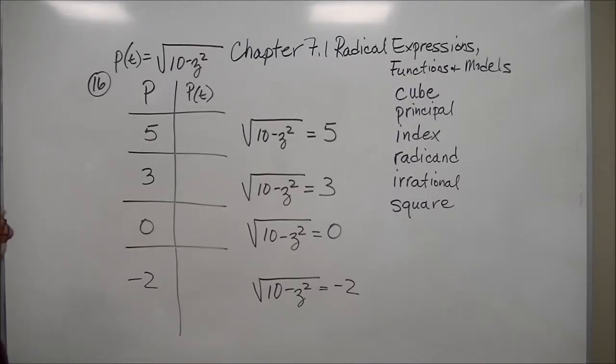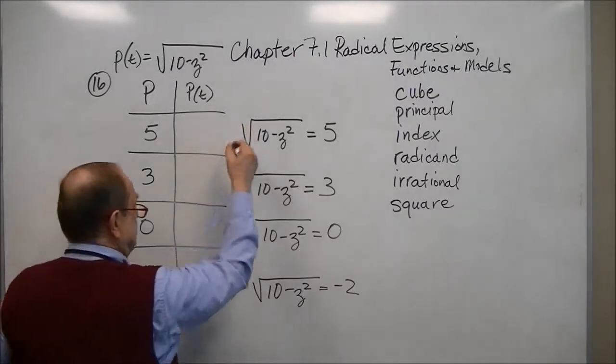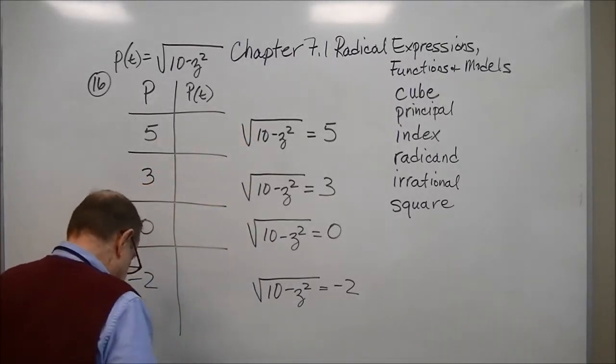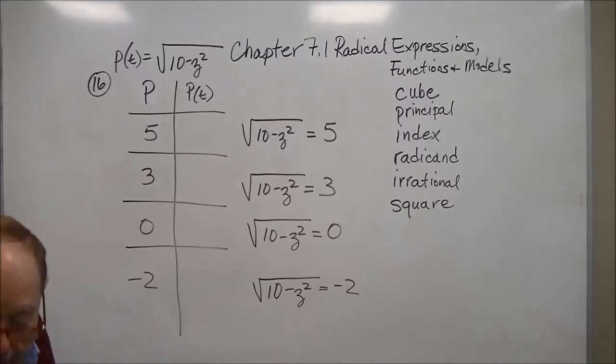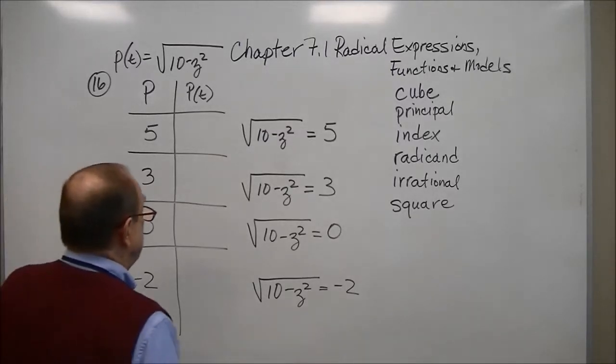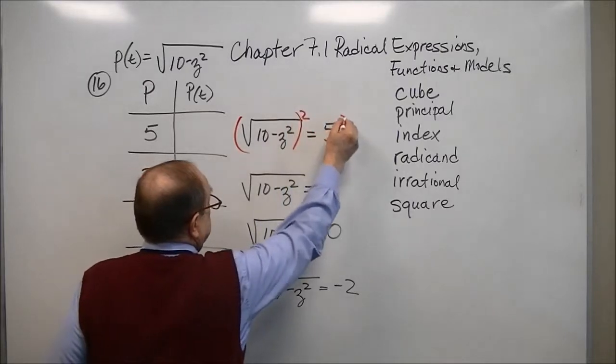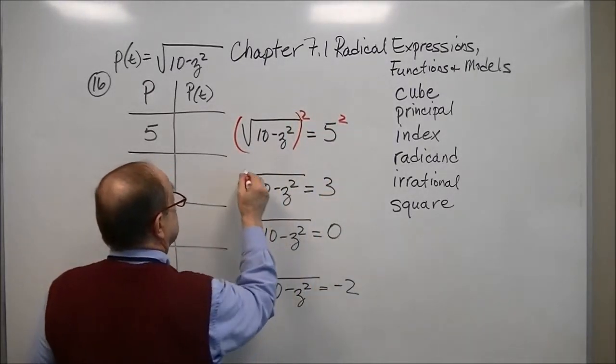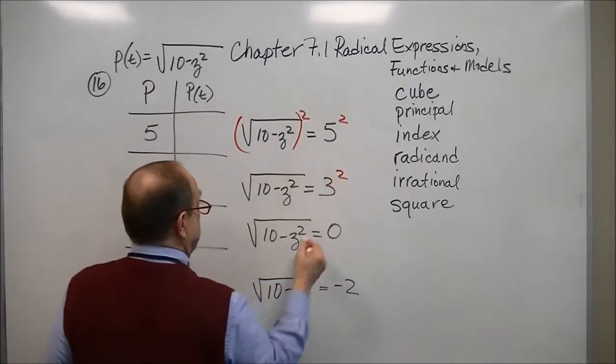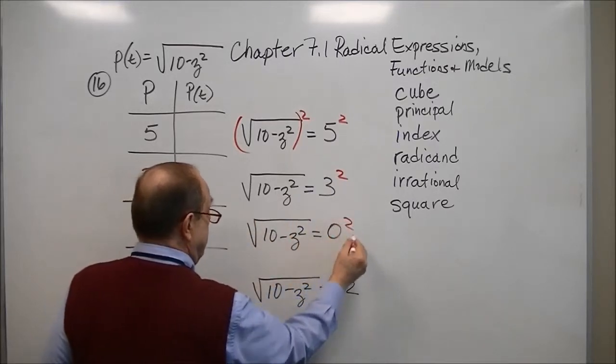Well, the way we do this is to get rid of a square root of something. We just square this side, and then we square that. So we square this side, square that. Square this side, square that.